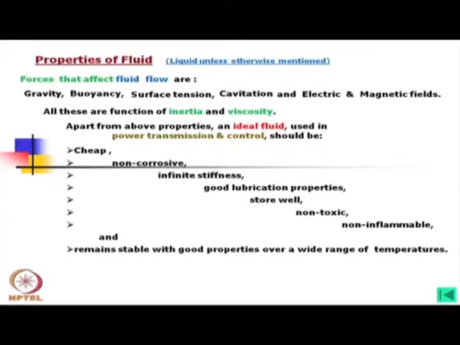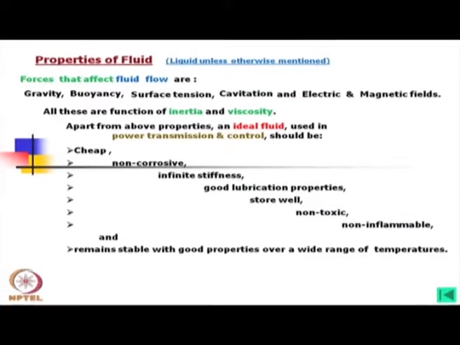If it is a servo system, in very precision machines like aircraft and machine tools, you may need to change this oil in some cases every week, in some cases in a month. Commonly we can use such oil for 2-3 years. After that we must reject that oil. So, we have to look into the cost, that is why the first term is cheap.